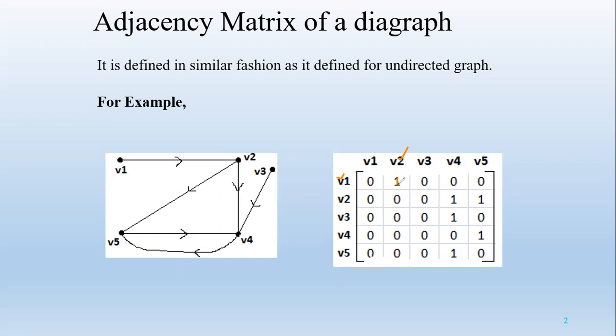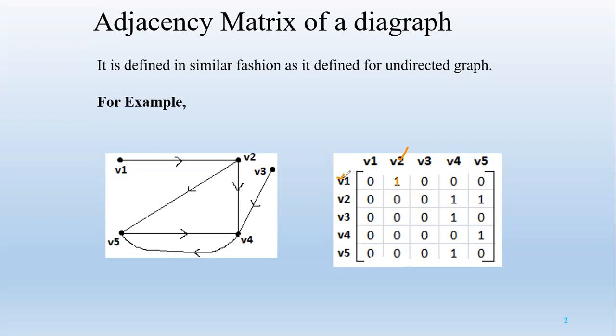In this diagram, V1 to V2 we consider one arc, but V2 to V1 is 0 because the direction is V1 to V2. Therefore, we consider from V1 to V2.